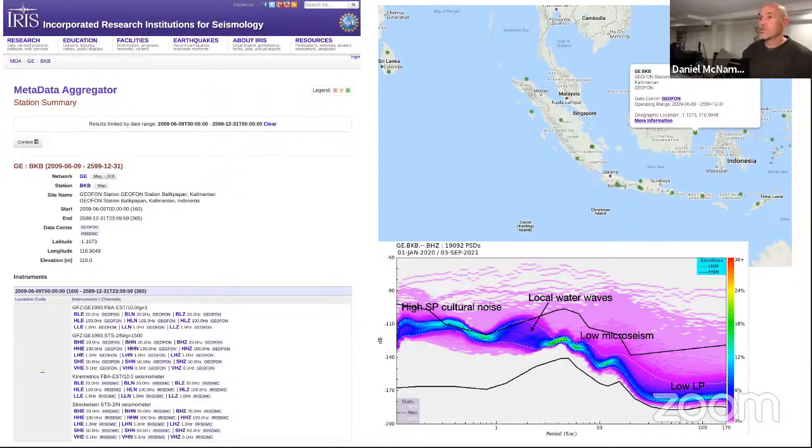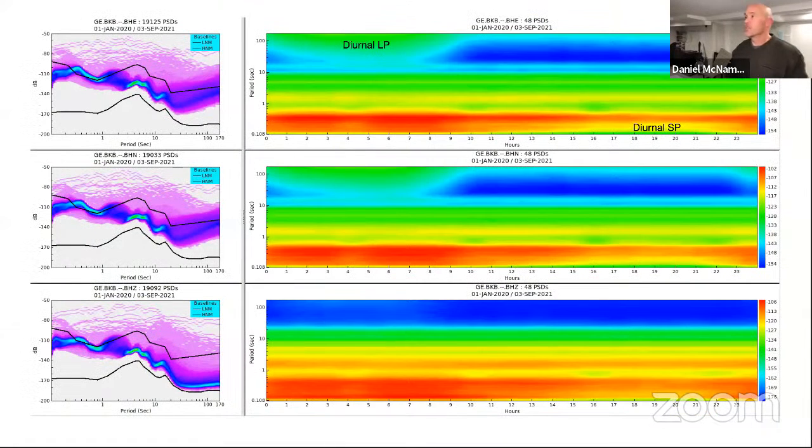Okay, moving forward. Again, here are the diurnal plots. Again, you see this very strong daily diurnal signal in the upper right plot. The long periods are high during the day and lower at night. Almost 40 to 50 dB variation in the noise level. That's pretty high.